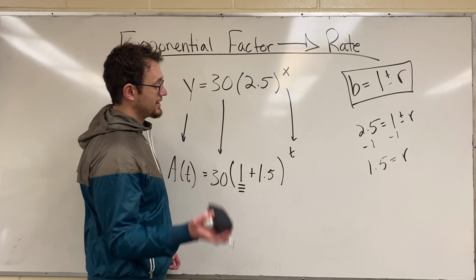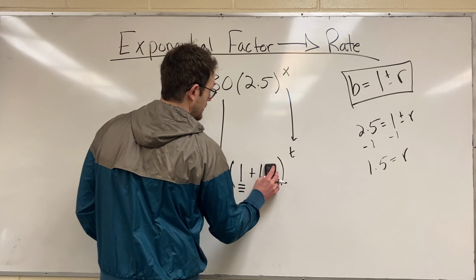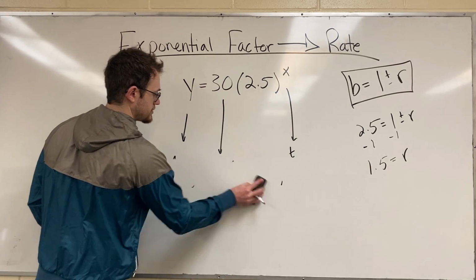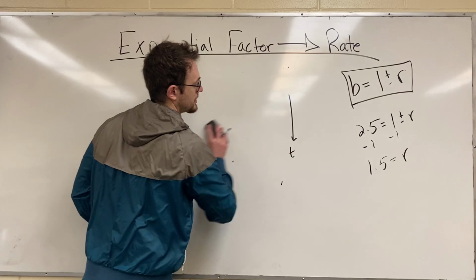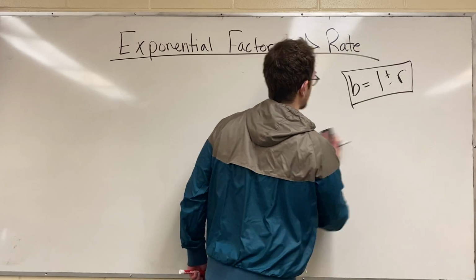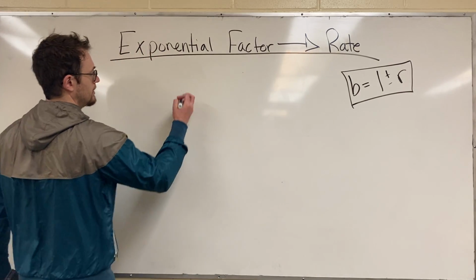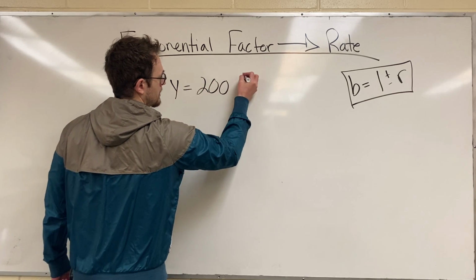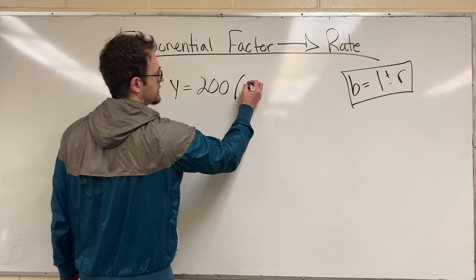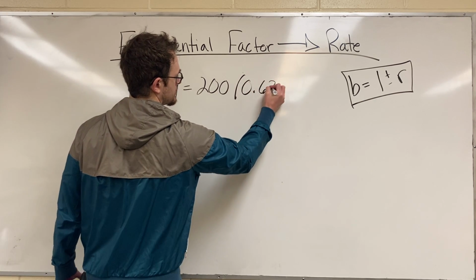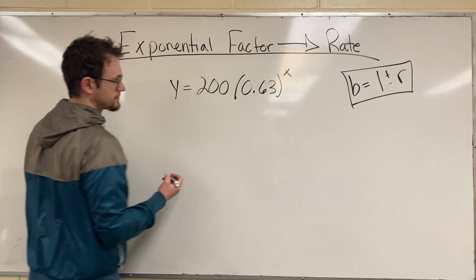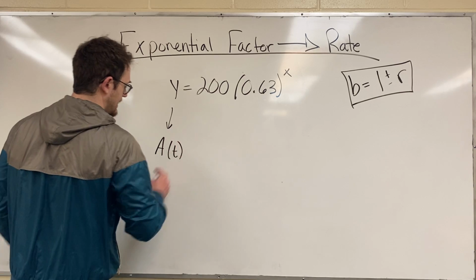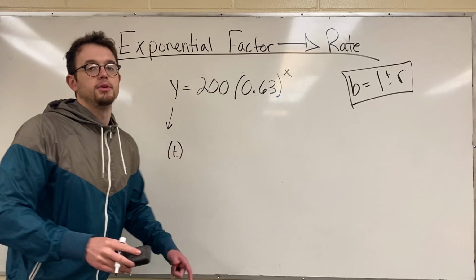So let's do one where you're going to get a negative number. So literally, just change the whole thing up. Let's do y equals, start out at 200, and we're going to have a decay factor of 0.63^x. All right, so we're going to change it. And actually, let's say this is population.